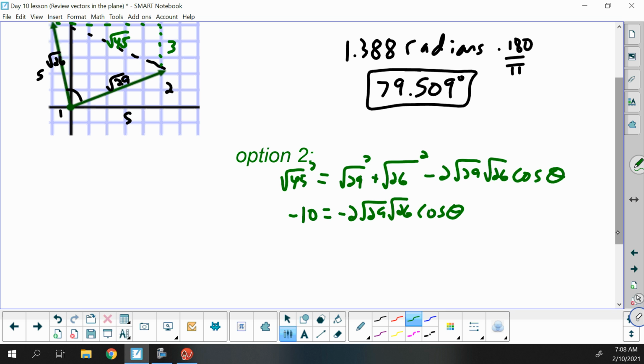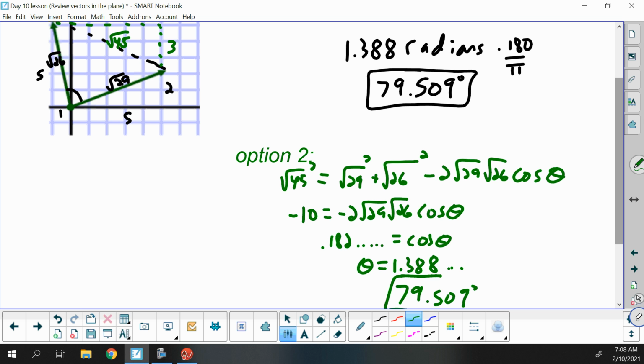And if we divided that over, we would get 0.182 and change equals cos theta. Taking your inverse cos, you'd get theta equals 1.388 because our calculator is probably in radians. And notice that matches our radians from before, so in degrees, this would be 79.509 degrees. Again, because these tend to be in degrees when you work with vectors. So that was option 2.